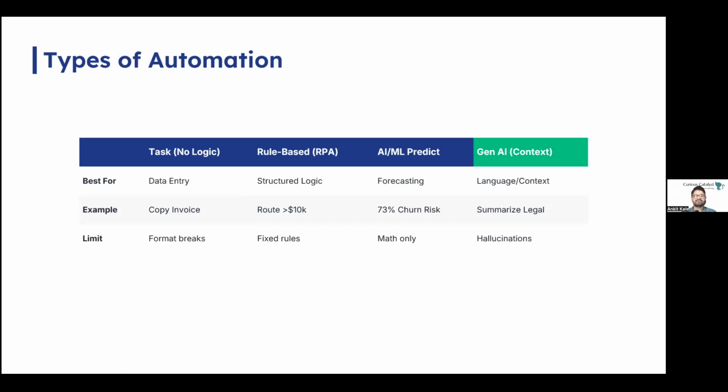It is best where language based tasks or context matters. For example, read this customer complaint and tell me what they are actually upset about, what the root cause is, and how we would resolve it. But the limitation is that it can hallucinate. It can make up information that sounds plausible but is not true. So it needs validation, especially for high stake decisions.